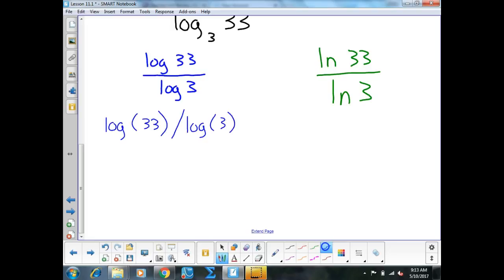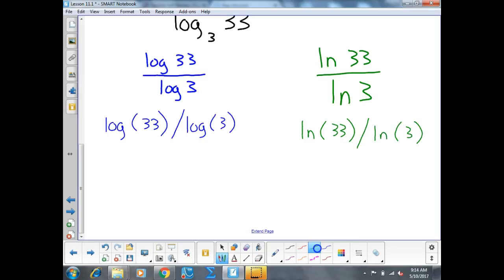Likewise, if you have the natural log and it opens a set of parentheses, you've got to close that parentheses too. Another way around it is to just hit log of 33, then hit equals, then hit divide, then punch in log of 3.